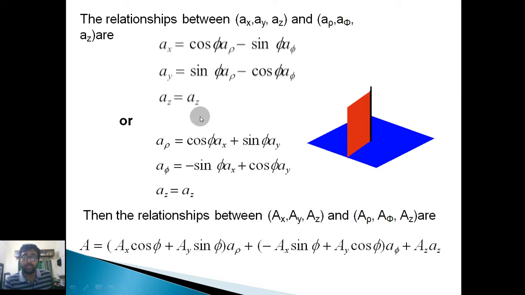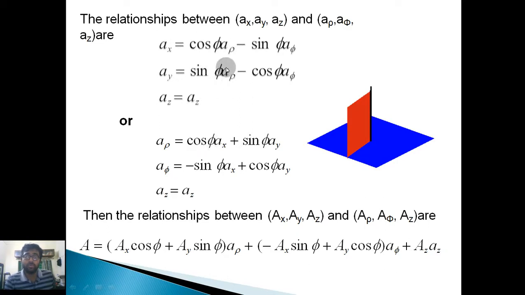From these equations we can extract all the others. Suppose a suffix x is related to this. Now if we have to find a suffix rho, we just have to pick the correct relation. A suffix rho is related to a suffix x with cos phi, so we put cos phi a suffix x here.